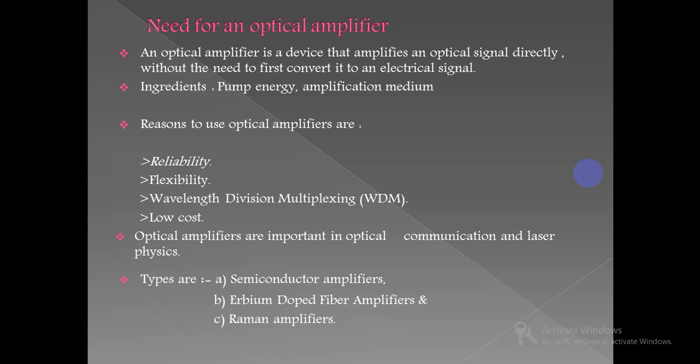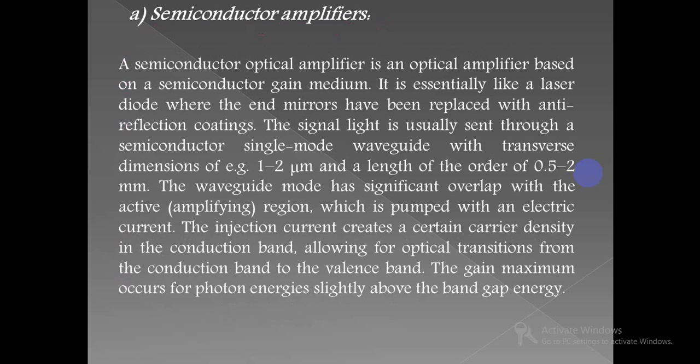There are three types of optical amplifier, and they are semiconductor amplifiers, erbium doped fiber amplifiers, and Raman amplifiers. Coming to the semiconductor amplifier, it is based on a semiconductor gain medium. It is like a laser diode where the end mirrors have been replaced with anti-reflection coatings.